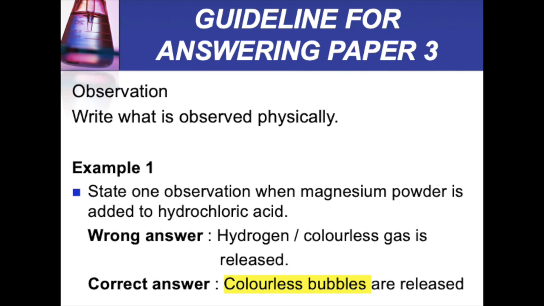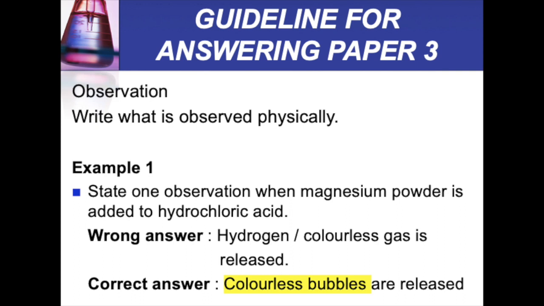Okay, next we go into the very important part, observation. Not only for your paper 3, observation is equally important in your paper 2 as well. And this is the part where students always make a lot of careless mistakes. Remember, observation is obtained through your physical observation.